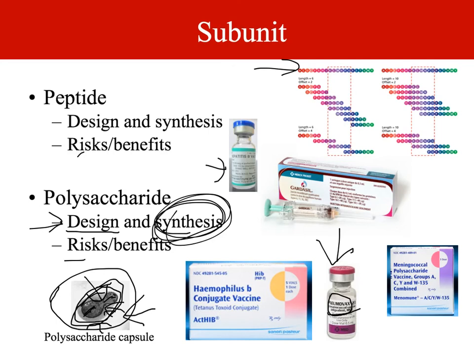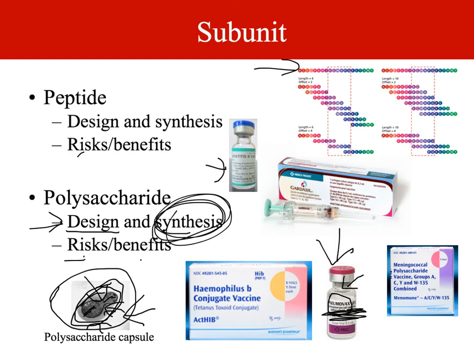They weed those ones out of the population, and then the remaining say Strep pneumoniae strains that aren't covered by this vaccine, they move in and take over because the vaccine doesn't protect against them. And so you still have people having Strep pneumoniae infections even though they are vaccinated, because their capsule is of a different serotype than the one in the vaccine. So that's a problem with these guys.